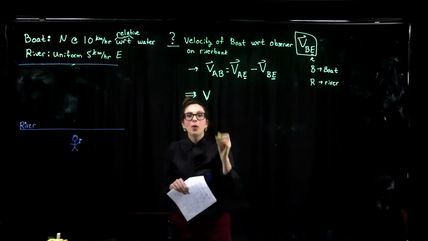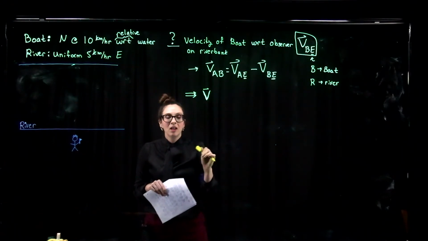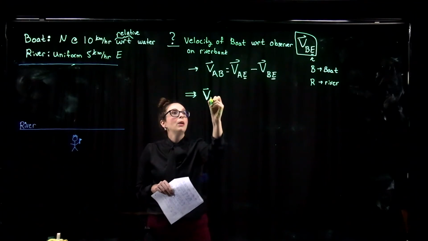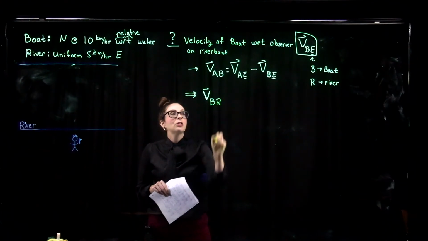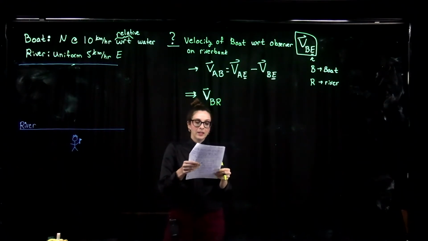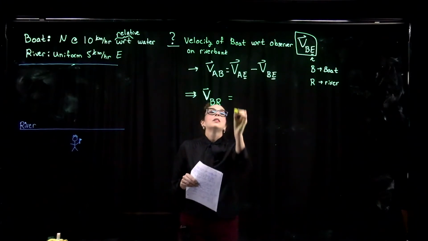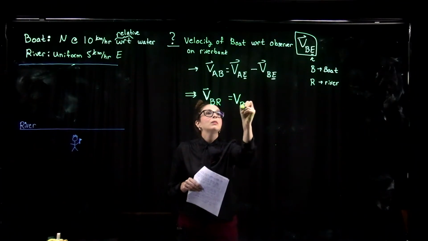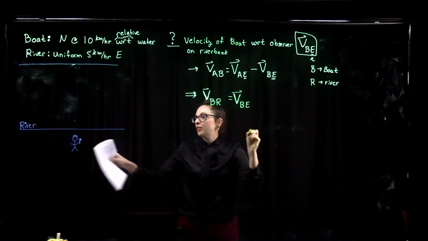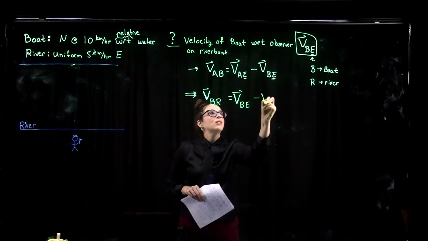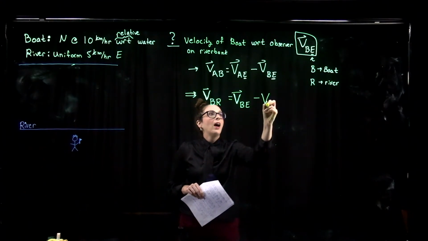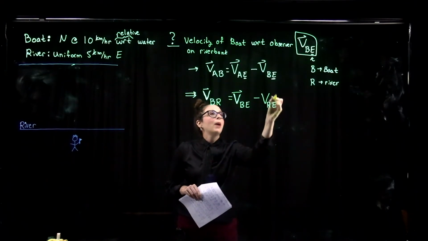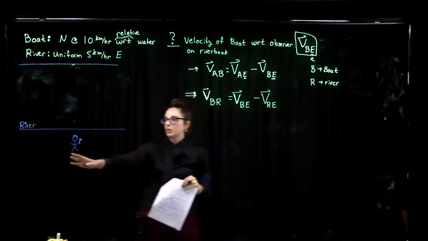Okay, so we're going to have the velocity of our two objects that are moving. So the velocity of our boat with respect to the river is equal to the velocity of our boat with respect to the stationary observer here minus the velocity of our river with respect to our stationary observer here.